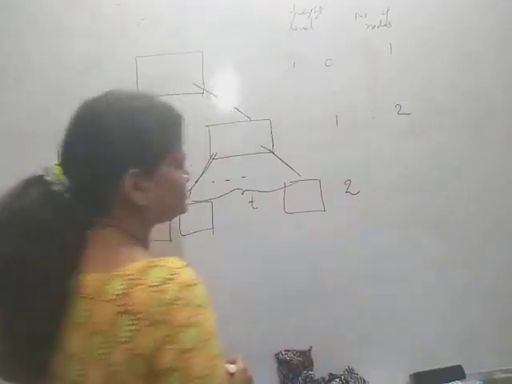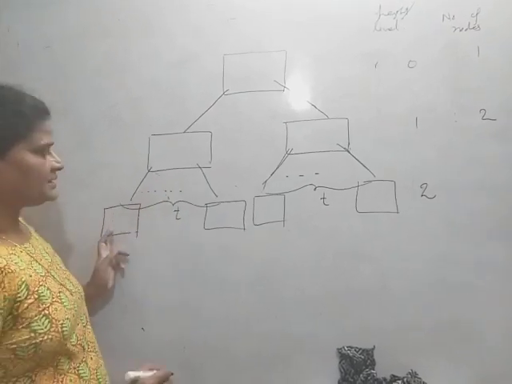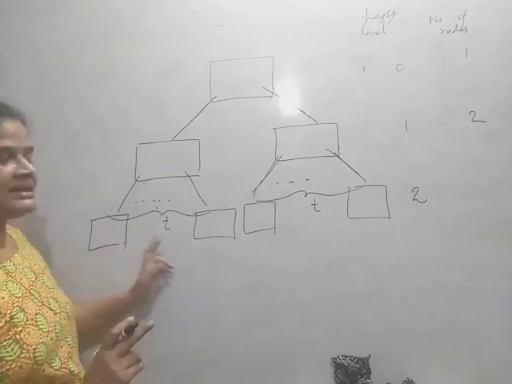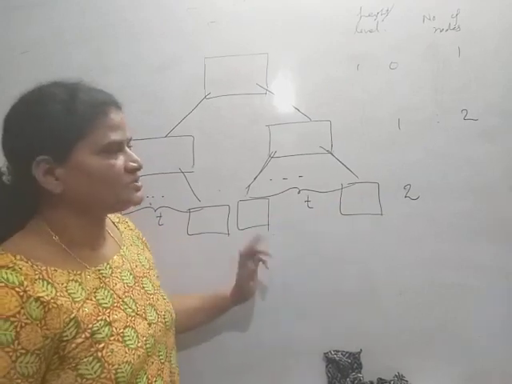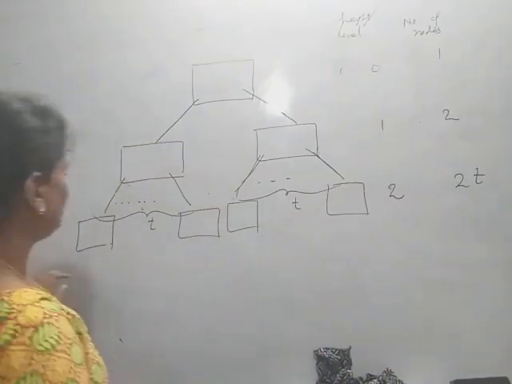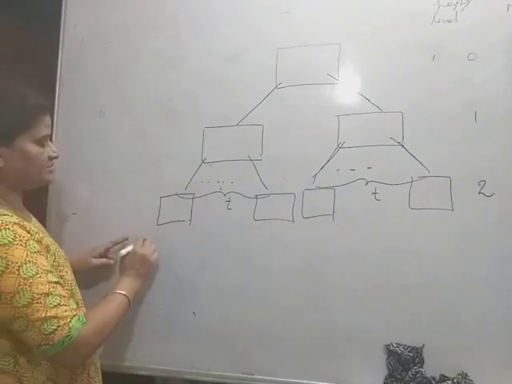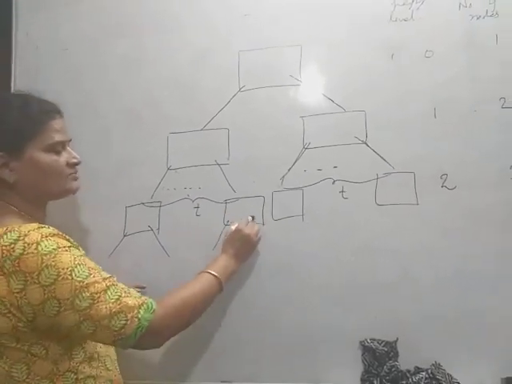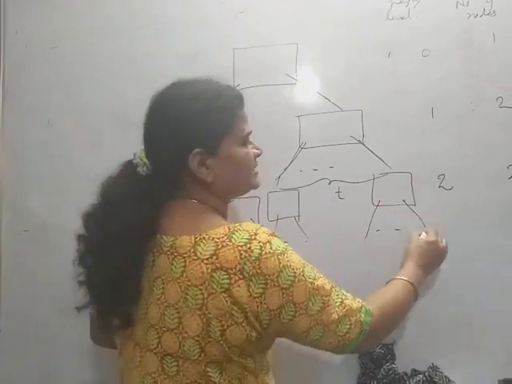So simply, there are t number of nodes. Here I am writing the number of nodes, not the number of keys. Number of nodes at each height here is t, so simply it becomes 2t. Now here there are t children, and every node contains t number of children. Again this will contain t number of nodes, and this will contain t number of nodes.